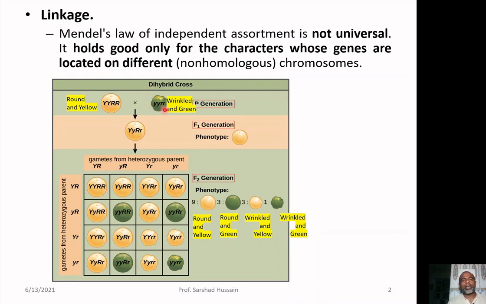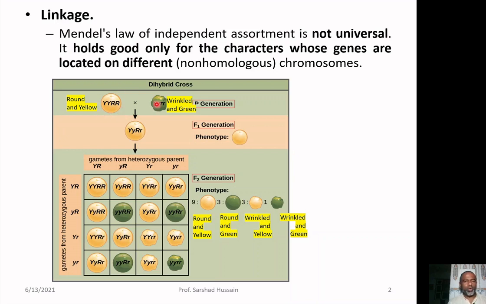They will go separately only when R is present on a separate chromosome and yellow is present on a separate chromosome, because in mitosis and meiosis you have studied that the chromosomes go to the next generation as a unit and all the genes present on the chromosome will go together. This independence is possible only when, as in the case of Mendel, both genes were present on two different chromosomes.